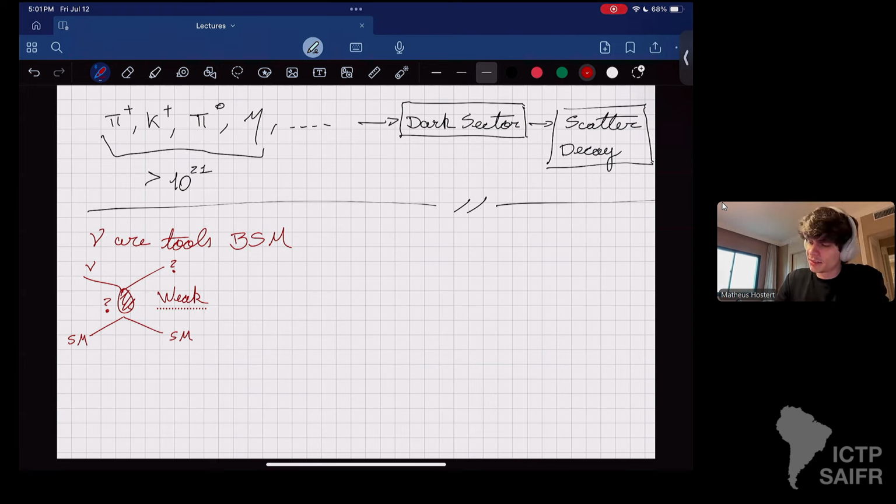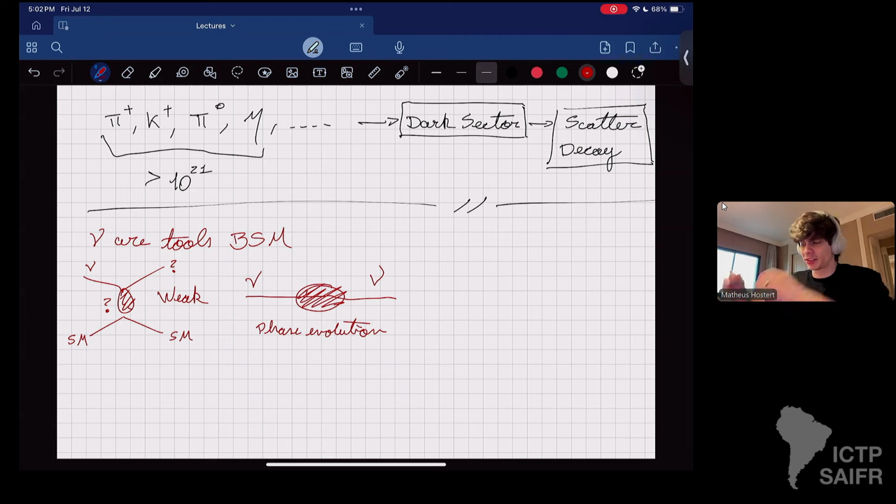The second reason I would say is that neutrinos actually propagate macroscopic distances and reveal quantum mechanical effects at macroscopic distances. So the phase evolution of the state happens over macroscopic distances given by very small mass splittings.